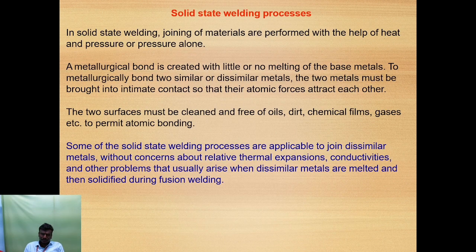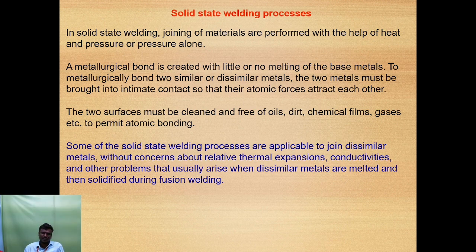Next type, solid state welding process. In solid state welding, joining of materials is performed with the help of heat and pressure, or pressure alone. A metallurgical bond is created with little or no melting of the base metals.